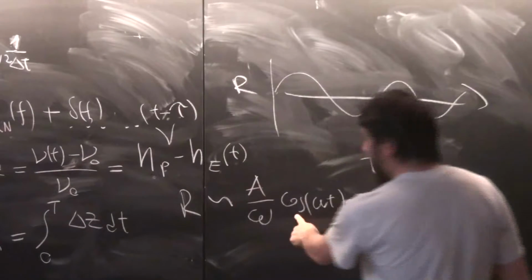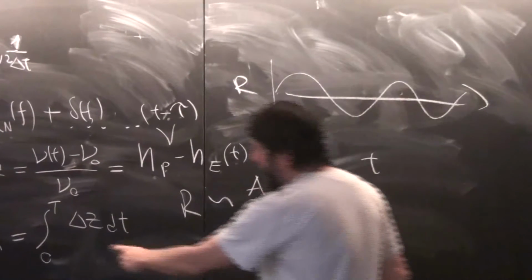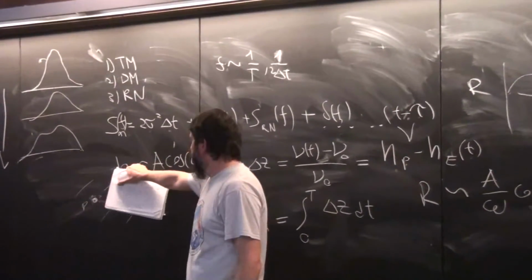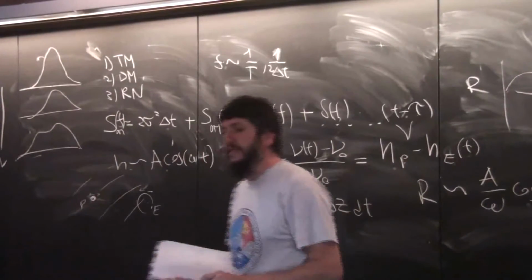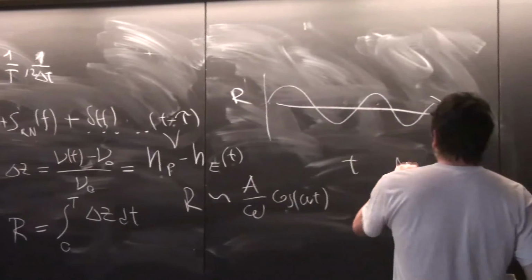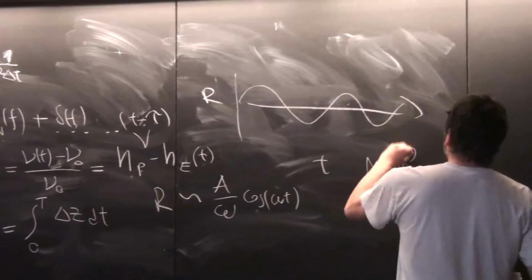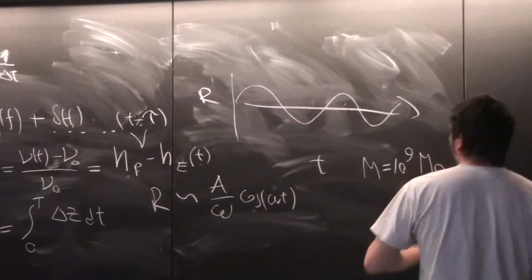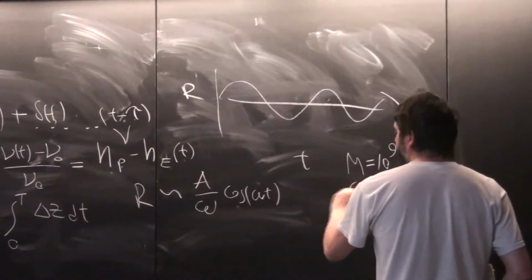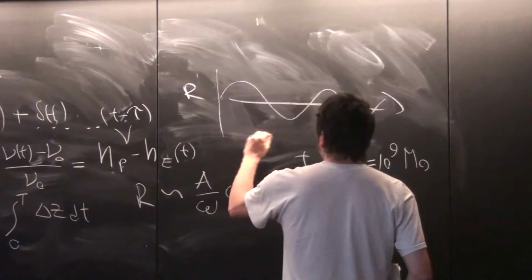Now, orders of magnitude. For a massive black hole binary of 10 to the 9 solar masses emitting at a frequency of, let's say, 10 nanohertz, so M is equal to 10 to the 9 solar masses and omega is pi f.